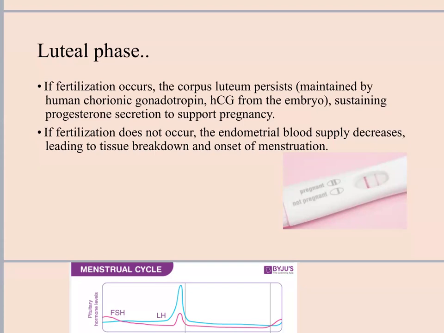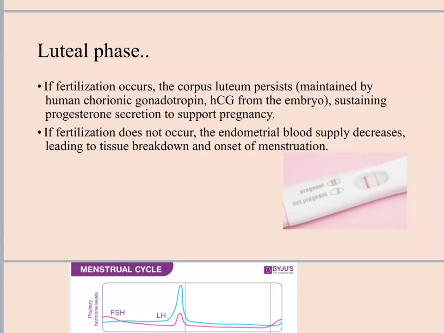It gives the signal like, hey, we need this progesterone so that we can keep building up this lining for the baby. And HCG is the hormone that those little pee-on-a-stick pregnancy tests test for.